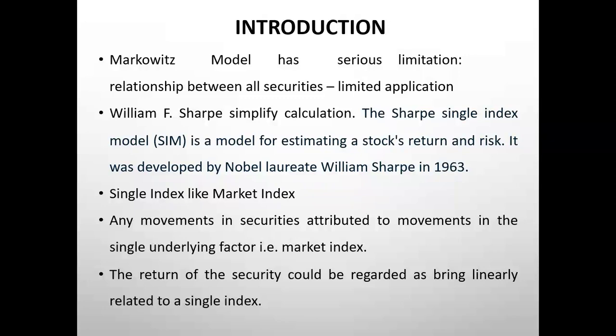That is why this model is called the Sharpe Single Index Model. This dispenses the need for calculating hundreds of covariances, so the return of securities could be regarded as being linearly related to the single index.